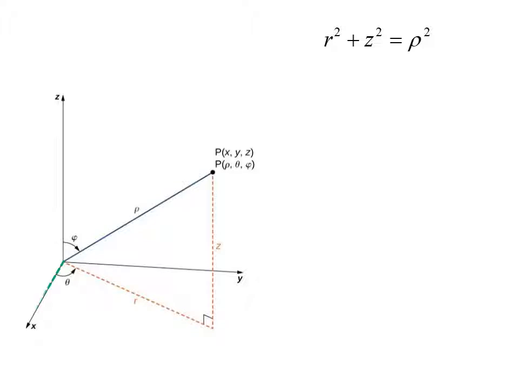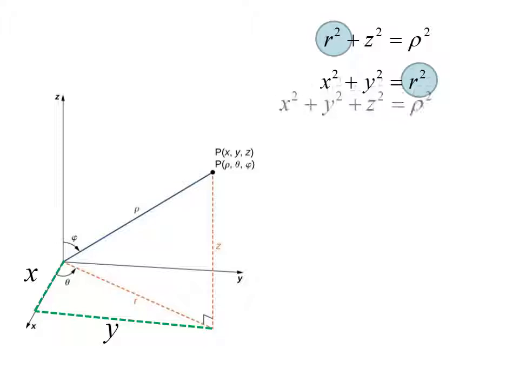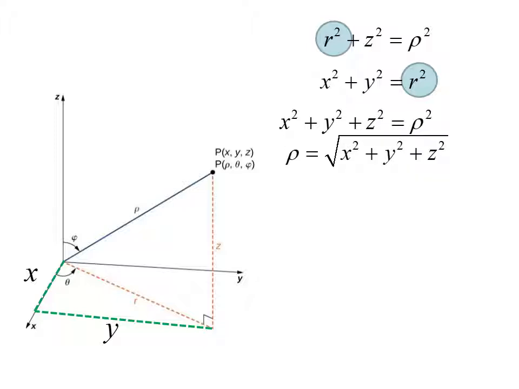And in this triangle, we're going to write the x squared plus y squared equals r squared. And we're going to combine these two, like before, by replacing the r squared in the top one with x squared plus y squared. And so that gives us our rho is the square root of x squared plus y squared plus z squared.